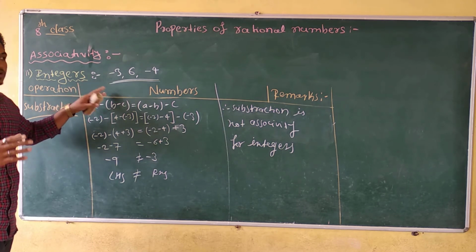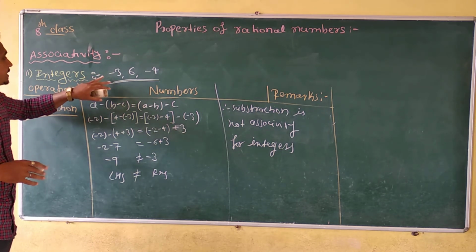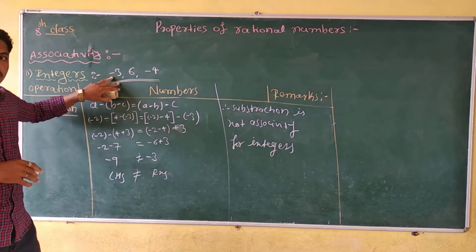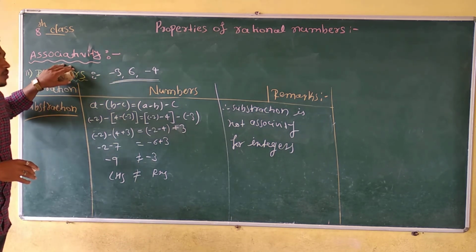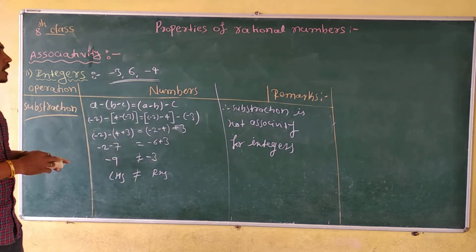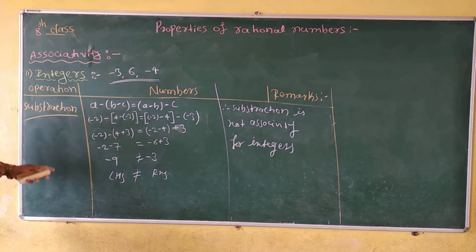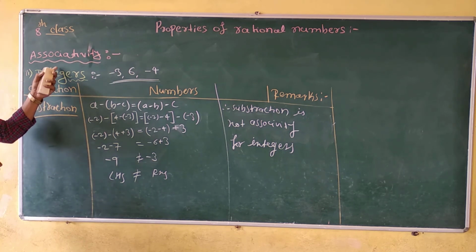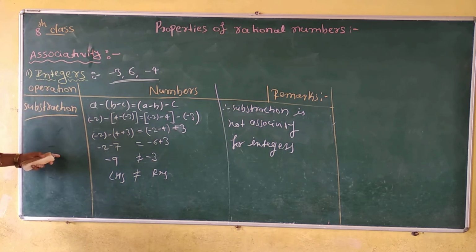Please note down this homework. By taking these three integers, check the associative property for integer numbers. In the next class, we will discuss more operations, multiplication and division: the associative property of integers in multiplication and division. Okay, thank you.